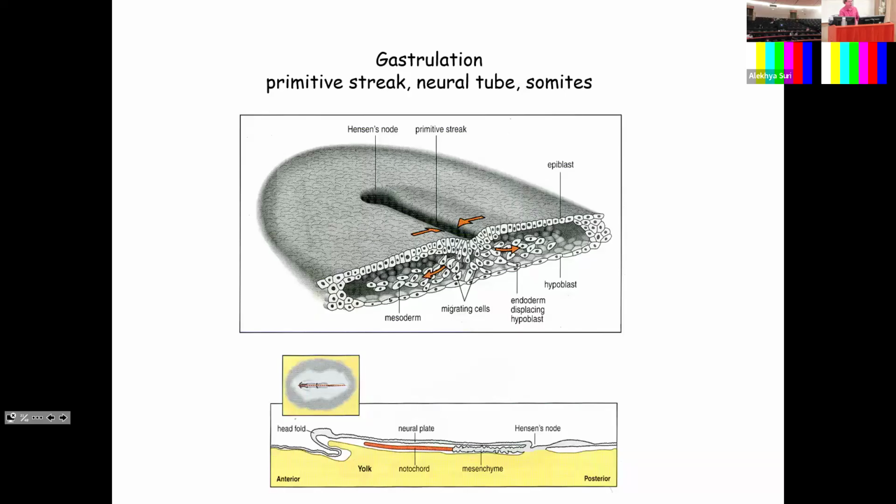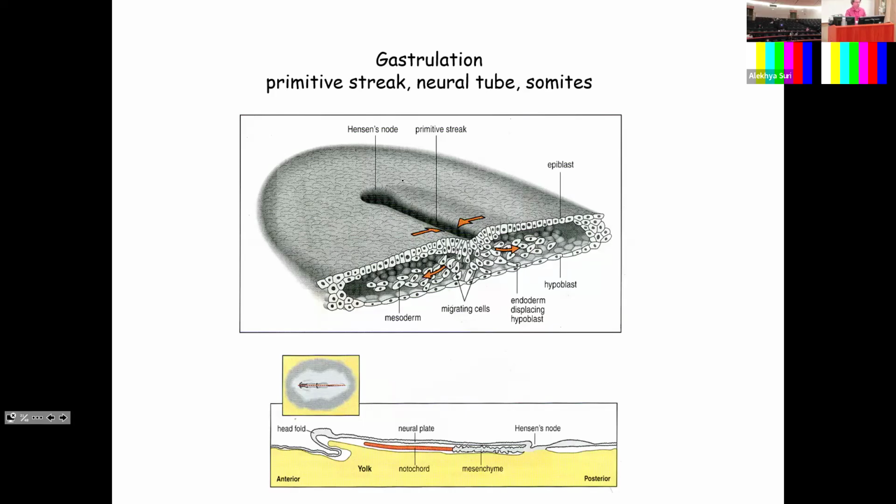The endoderm, these cells that I told you were not definitive, are also being replaced by new endodermal cells that are created through this primitive streak, as you can see, right? So the most important concept here is that the three layers are being formed during gastrulation. And for this, you need implantation.